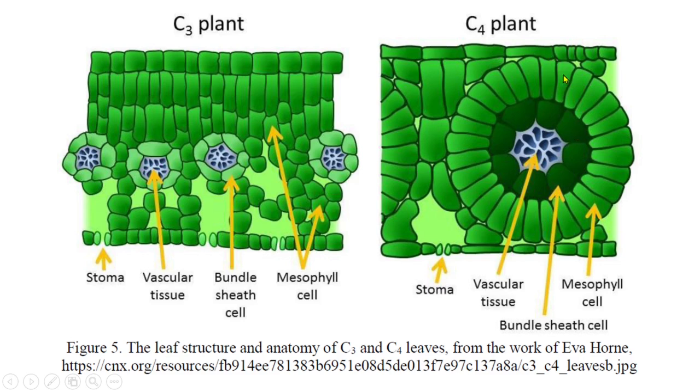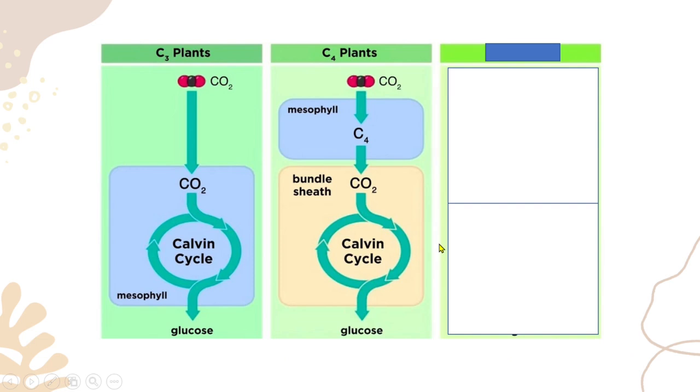Since the mesophyll cell is surrounding the bundle sheath, it will be concentrating the carbon dioxide into the bundle sheath, thereby preventing oxygen concentration from increasing. So this is the adaptation of the C4 plant. By increasing the carbon dioxide, it prevents photorespiration from happening, and then it allows the Calvin cycle to happen here. Now, you will see here again the separation of space.